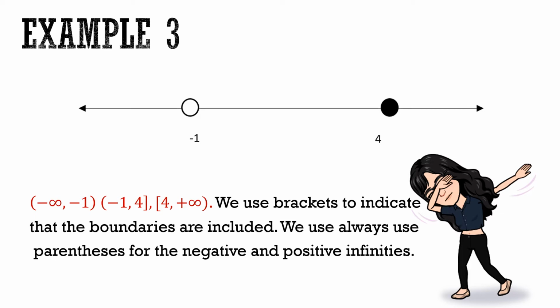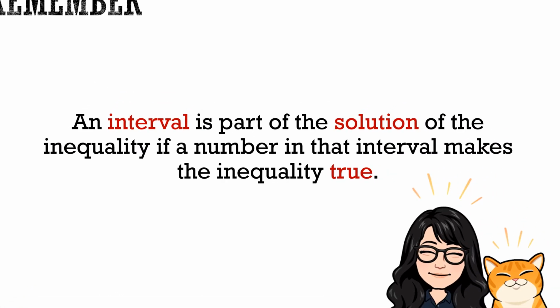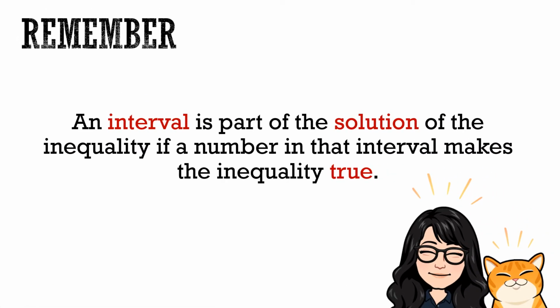We use brackets to indicate that the boundaries are included. We always use parentheses for the negative and positive infinities. Remember, an interval is part of the solution of an inequality if a number in that interval makes the inequality true.